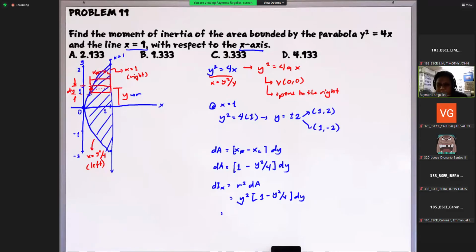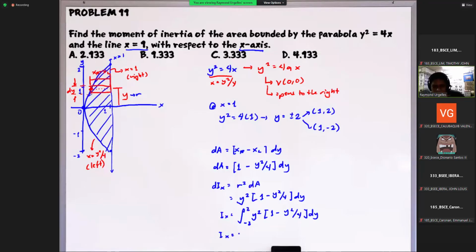So therefore, solving for the moment of inertia, this will be the integral of y squared times 1 minus y squared over 4, this quantity dy. So this is from negative 2 to 2. Diba? Kasi consider natin lahat ng horizontal strip. So from negative 2 to positive 2. Diba? So this is our moment of inertia.